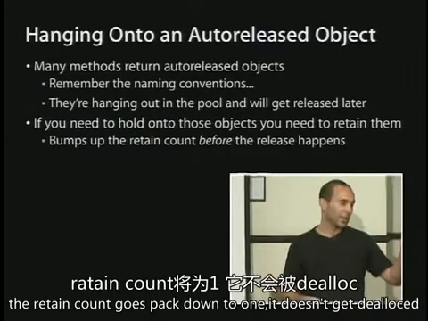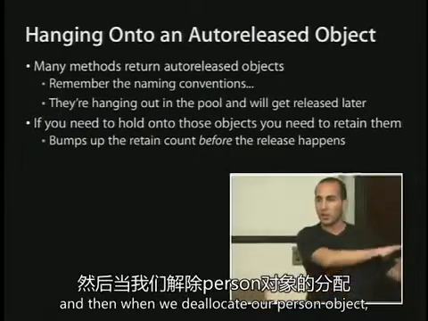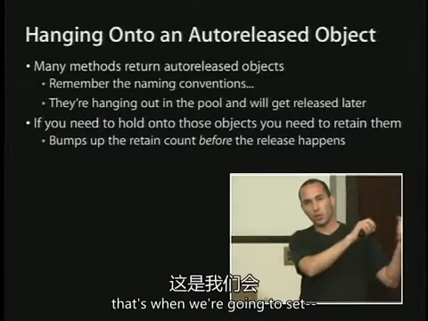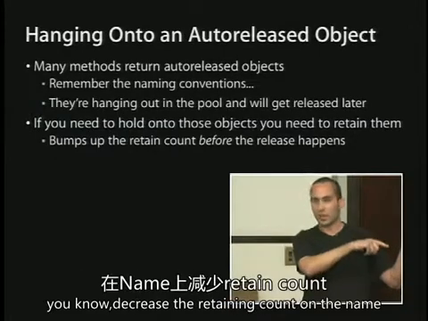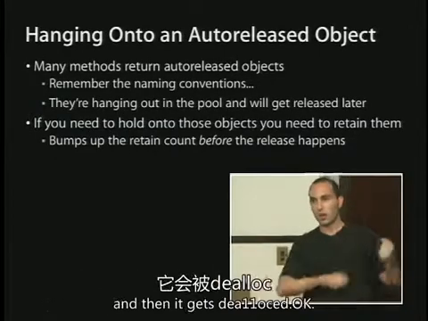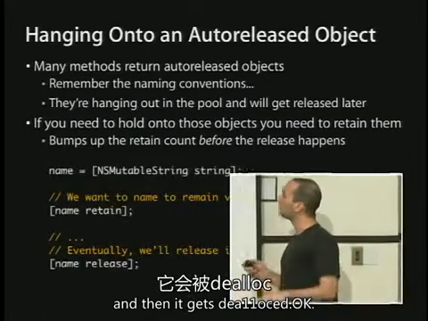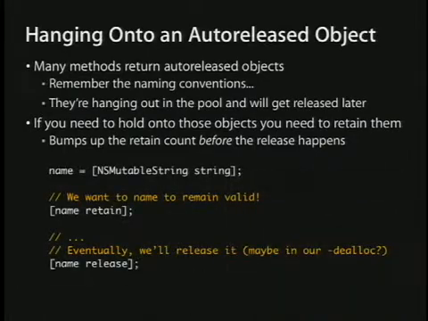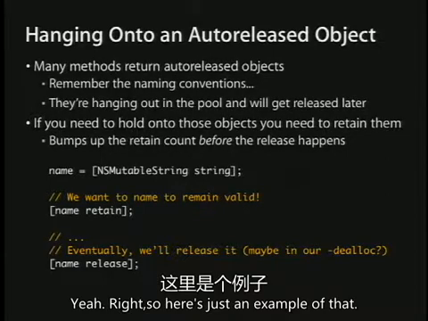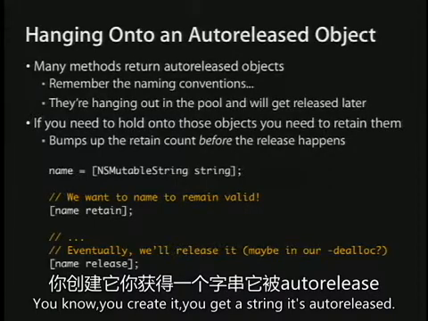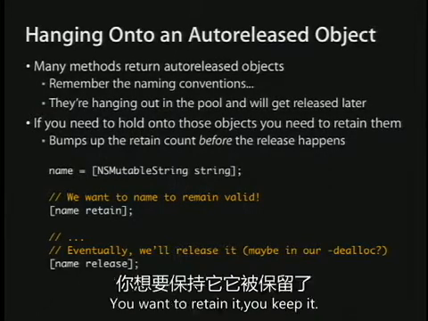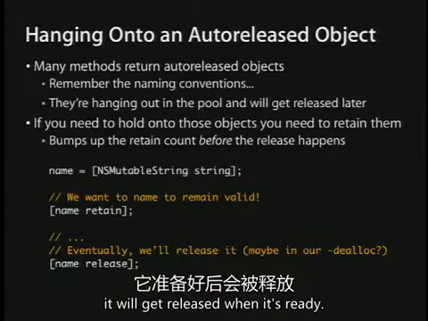It doesn't get dealloced. And then when we deallocate our person object, that's when we're going to decrease the retain count on the name, and then it gets dealloced. Okay. Right, so here's just an example of that. You create it, you get a string, it's auto-released. You want to retain it, you keep it. You call release when you're done with it, and it'll get released when it's ready.